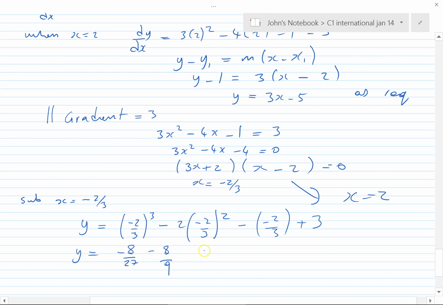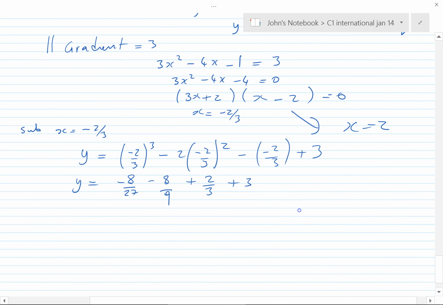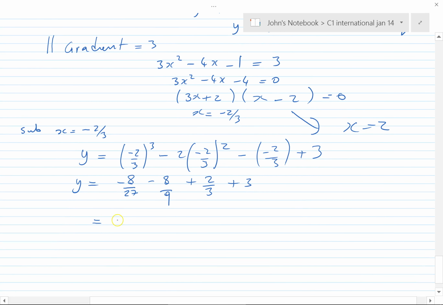This bit, the two minuses are going to cancel, so that's plus 2 over 3 plus 3. So now we're into our non-calculator thing. Can we work without a calculator effectively? Let's put them all over a common denominator of 27.